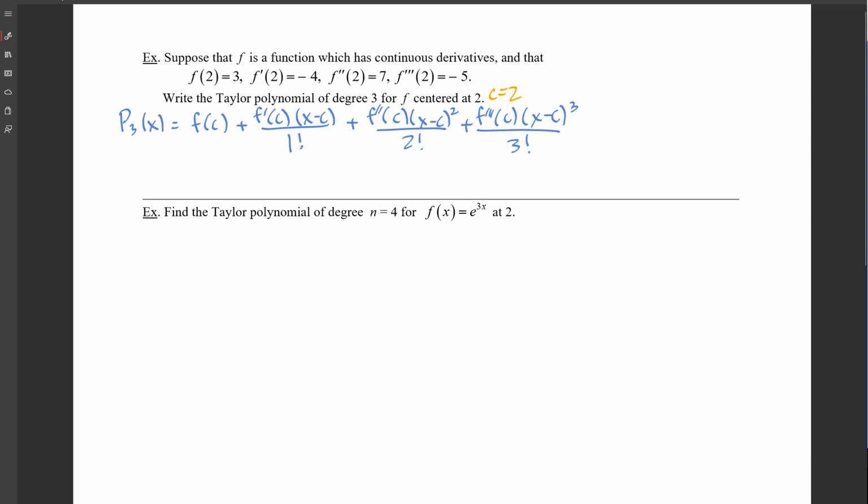All right, this goes to infinity, but if we're looking for the polynomial to just the third degree, we will stop at the third degree right here. Now let's go ahead and plug in our c. My c is 2, so this is 2 here, 2, 2.